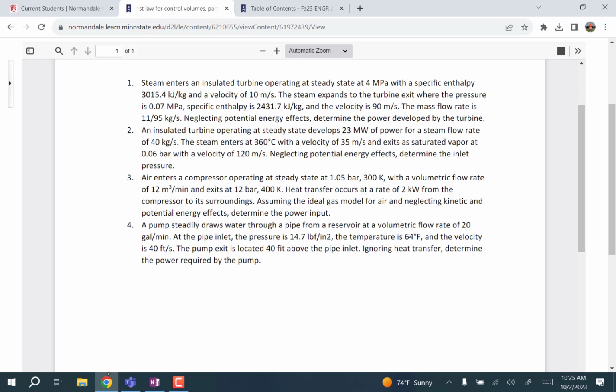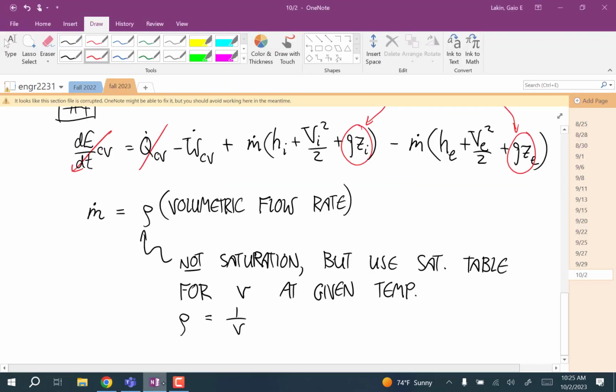We could calculate the enthalpy there. If the thing is rising 40 feet, pressure times volume.